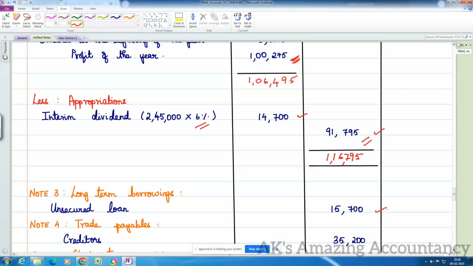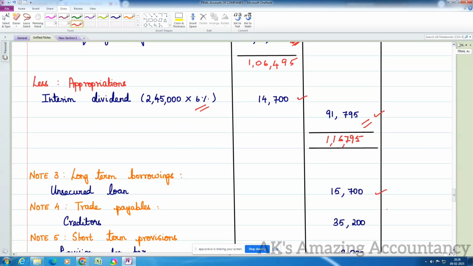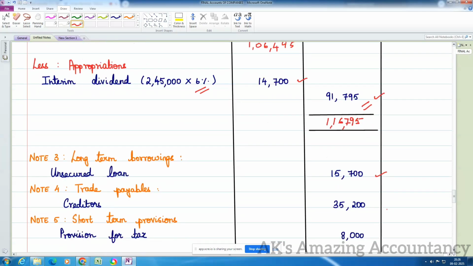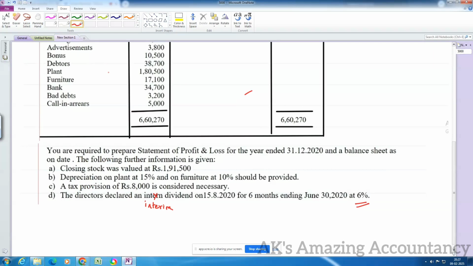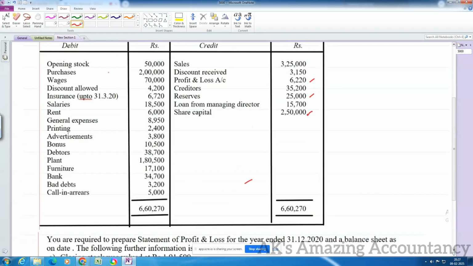Then note 4 will be for trade payables. So under note 4 trade payables, creditors will come. So let us see how much is creditors. Creditors given to us in the problem is 35,200.